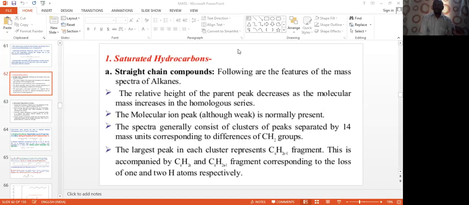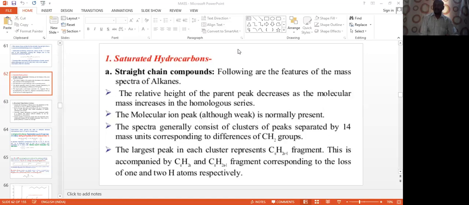So in the mass spectrum of alkanes, the largest peak normally will be of CnH2n+1. This is accompanied by CnH2n or CnH2n-1, and these fragments correspond to the loss of 1 and 2 hydrogen atoms.